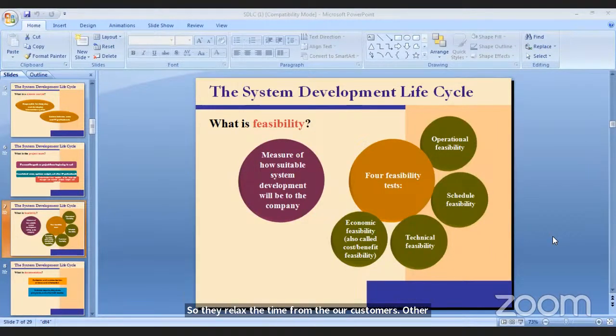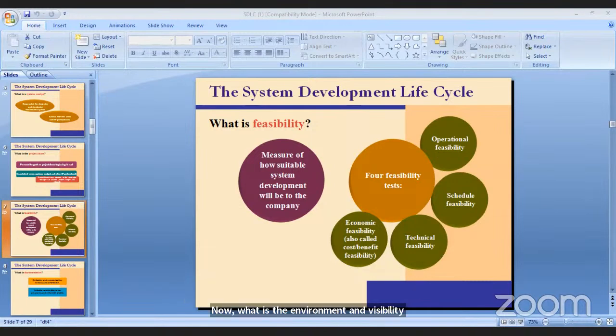Now I told you about one new feasibility which is normally carried out nowadays, that is called the environmental feasibility. You see the chart box that I have typed, that is called the environmental feasibility. Now what is environmental feasibility?